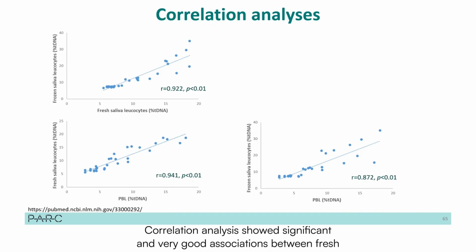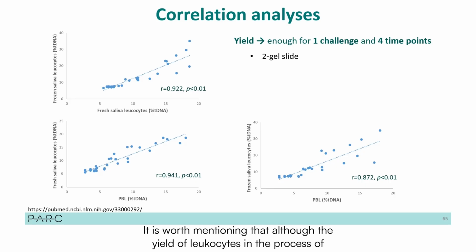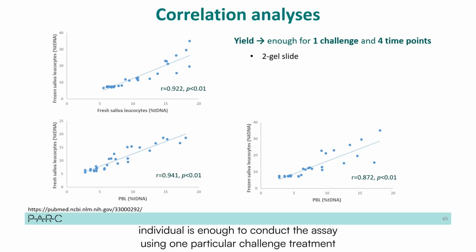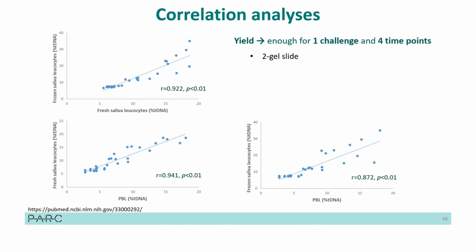Correlation analysis showed significant and very good associations between fresh and frozen saliva leukocytes, and also between the two types of saliva cells and blood leukocytes. It is worth mentioning that although the yield of leukocytes in the process of isolation from saliva samples is not high, the number of cells retrieved per individual is enough to conduct the assay using one particular challenge treatment and 4 time points, preparing 4 slides with duplicate drops per individual.